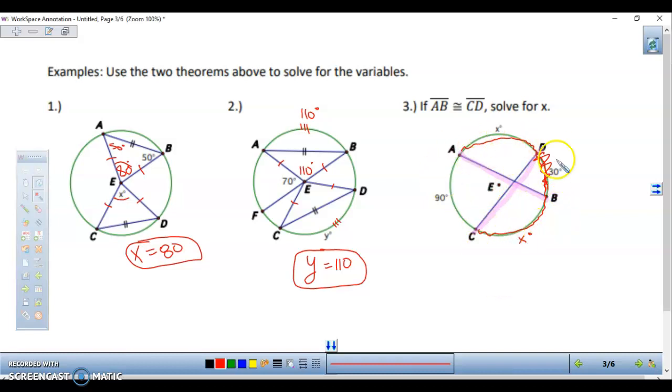So all the way around the circle is 360 degrees, so simply 90 plus 2x plus 30 is equal to 360. So 2x is equal to 90 plus 30 is 120. If you subtract 120 from both sides, that's 240. So x is 120 degrees. Or the degree symbol's already there, so we can just say x is 120, because when I substitute 120 in, I'll get degrees.